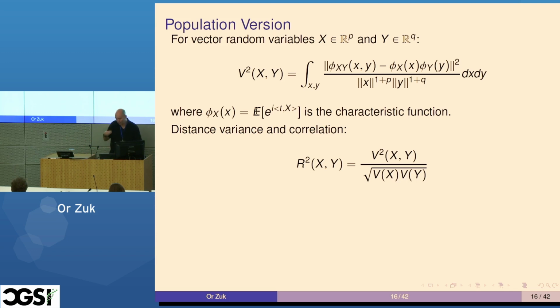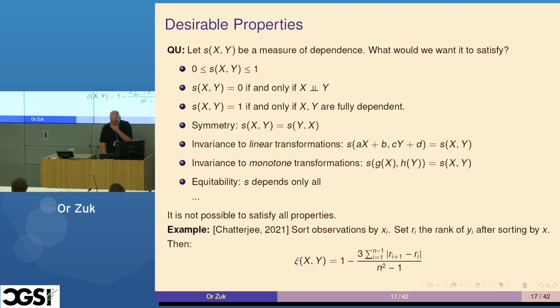Again, it has a desirable property: if the variables are independent, then this difference will be 0, and if they are dependent, the integral will be positive. Based on that, you can prove consistency, etc., also for this one. More questions? We'll move on. Okay, good.